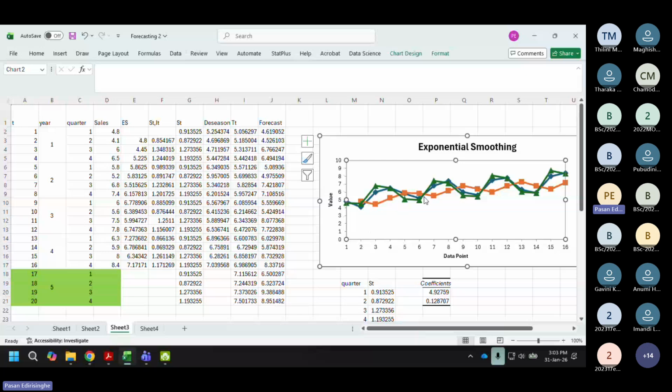It's quite similar to the previous one, so they are not much deviated. You can assume the same structure will continue for the future as well. It depends on the alpha we are using, so we have to try several alpha values and see which one is better. That's how we can work with the exponential smoothing technique.